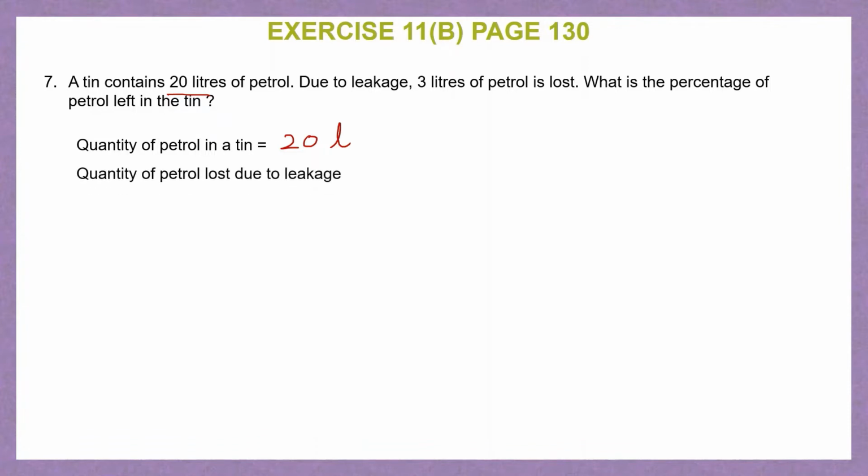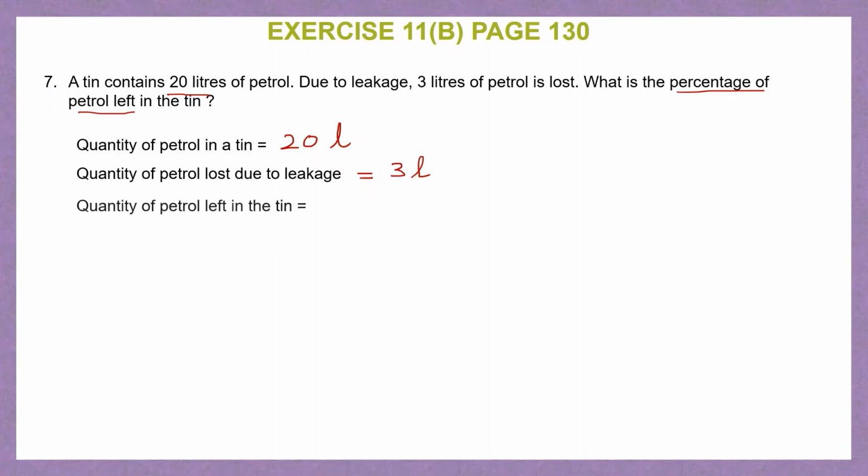So the quantity of petrol lost due to leakage will be 3 liters. Now we are asked to find the percentage of petrol left in the tin. So first we need to find how much petrol is left in the tin, and then we need to find the percentage of that.